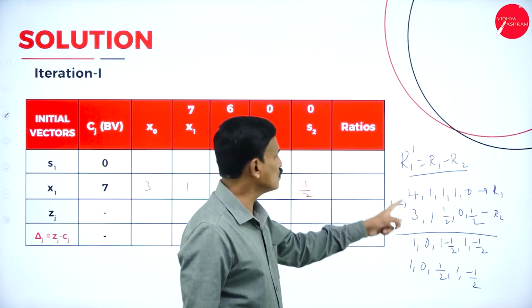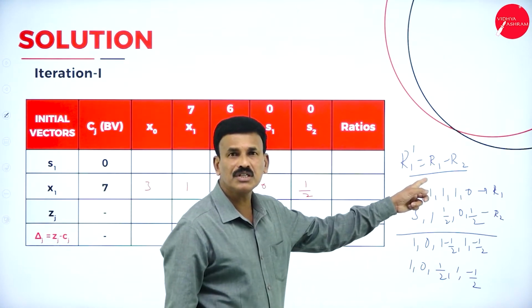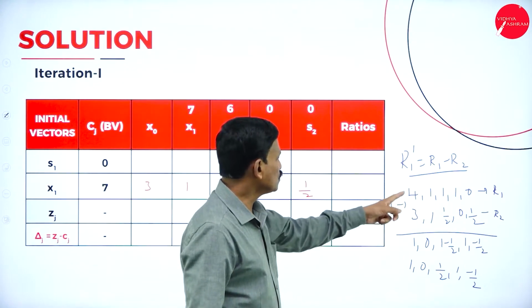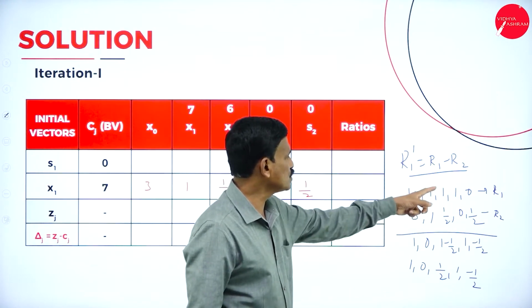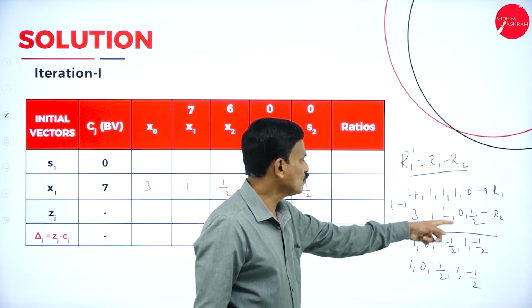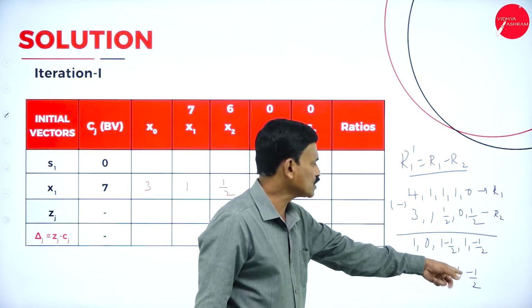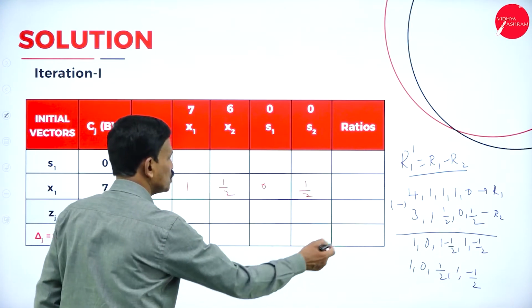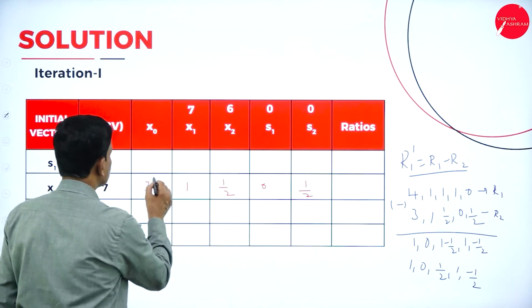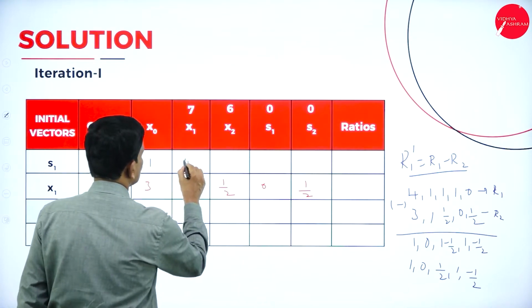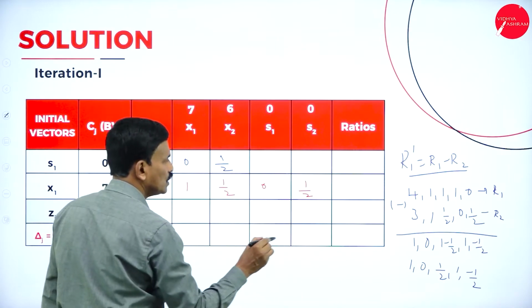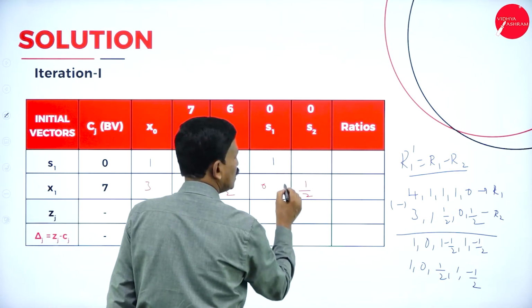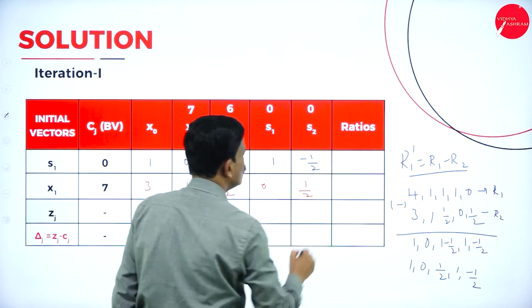We are performing the operation R1 dash is equal to R1 minus R2. So this is new row 1. So I will substitute here 1, 0, 1 by 2, 1 and minus 1 by 2.